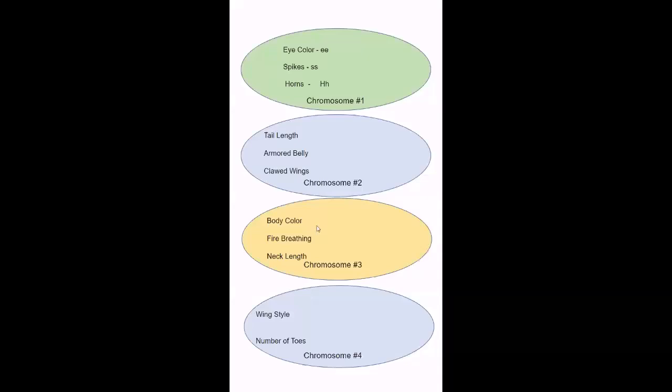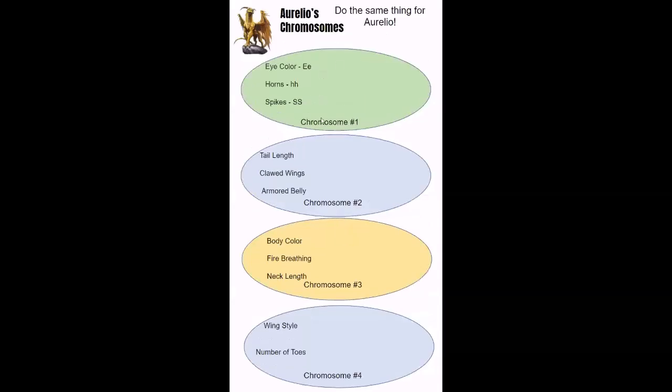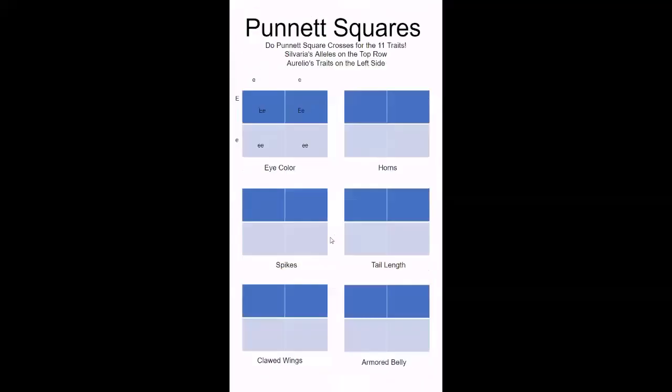You can decide what her traits are, just as long as your letters correctly reflect what you chose. Then you're going to do the same thing for Aurelio. So you're determining the parents' chromosomes. You can go off the picture or you can make them up, as long as you're consistent.